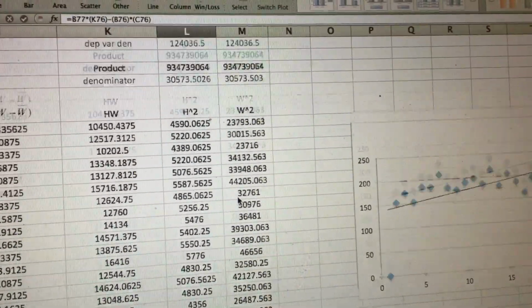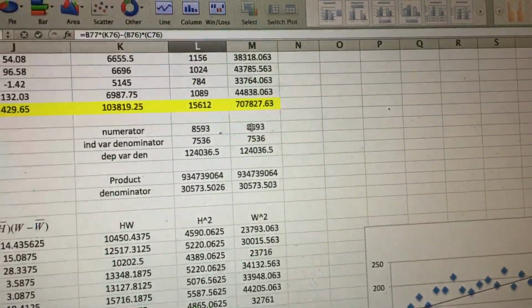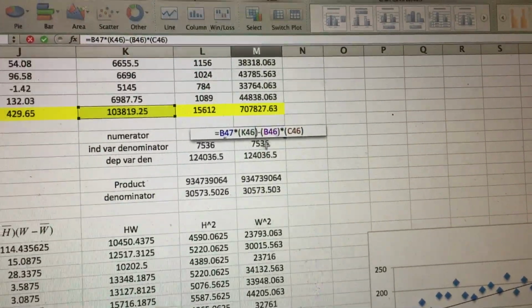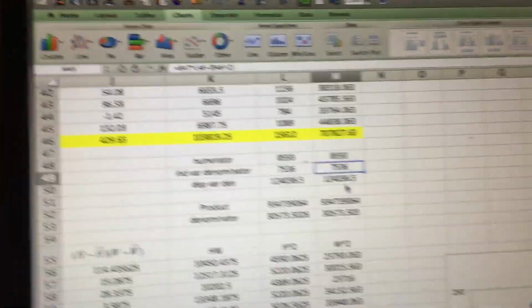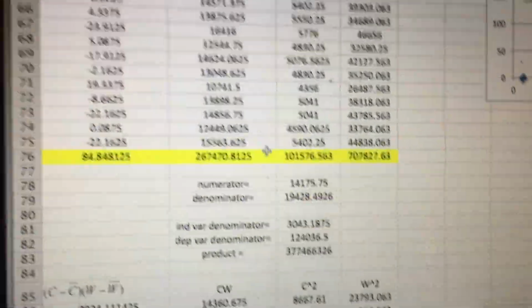Really weird. Okay, so I have no idea why they came out different.